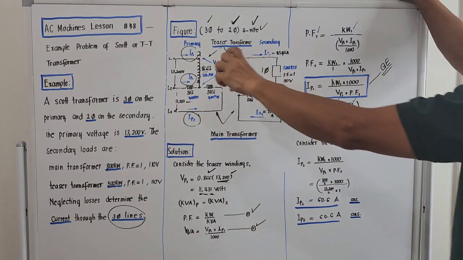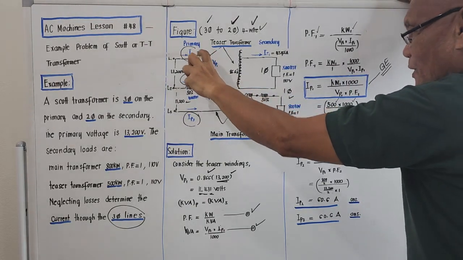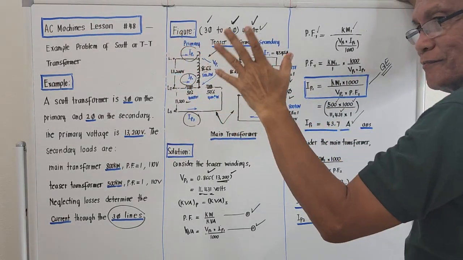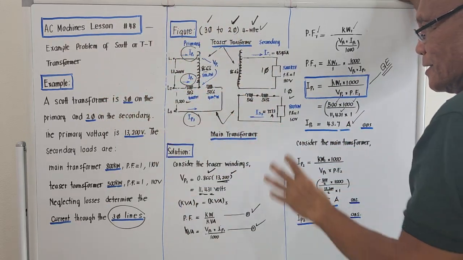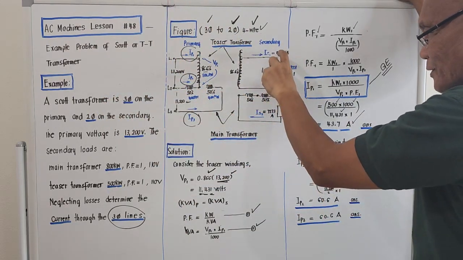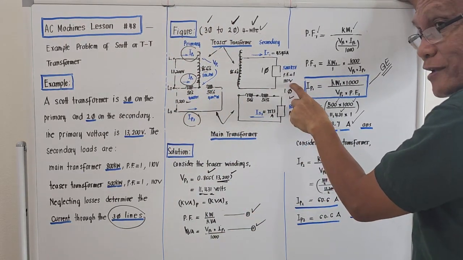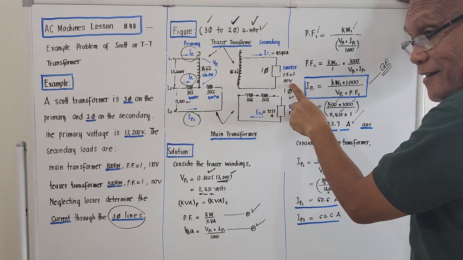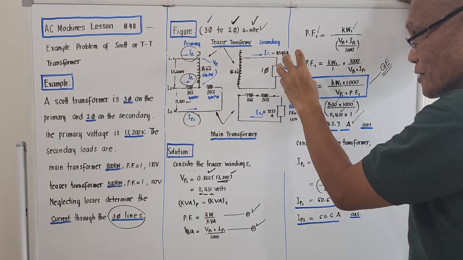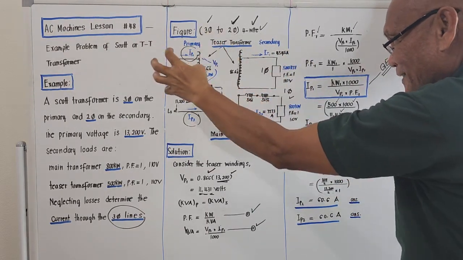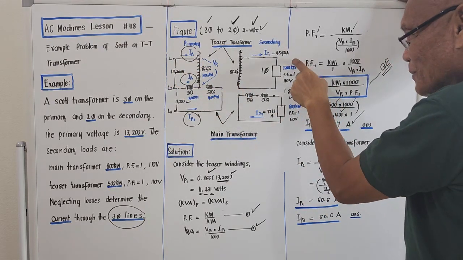It's a small current. Why is it small? Because the voltage across this is big. Big voltage, small current. So if we try to compute for the current on the secondary, there's a problem. Why? The voltage is very low. It's 110. So for this 500 kilowatts to be equal to the 500 kilowatts on the primary, the current should be very big.